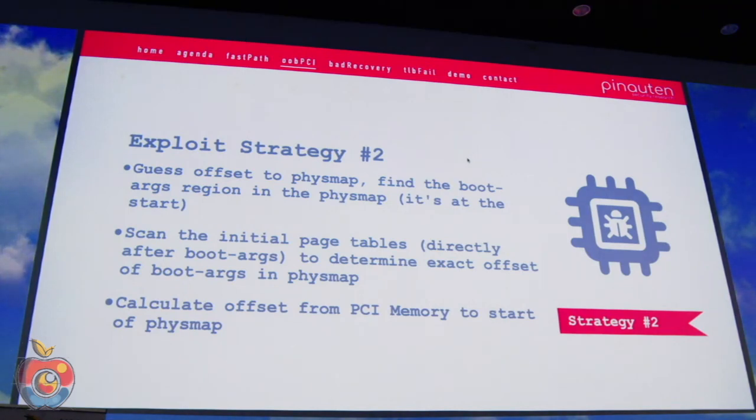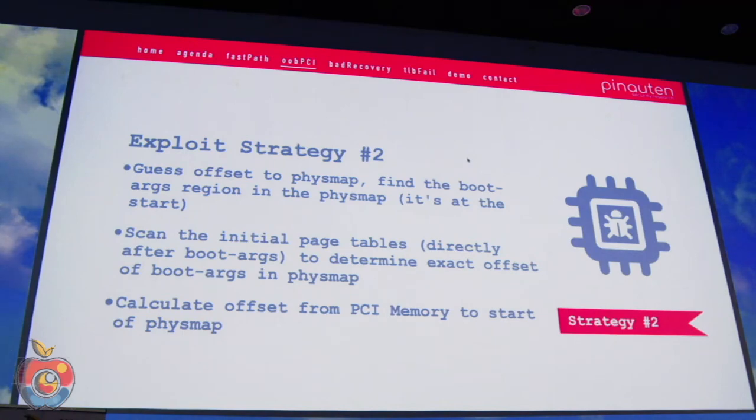So what we can do is guess the offset to the physmap from our PCI device memory, and then scan the memory backwards to find the boot args structure, which is always right at the start of the RAM. Once we found the boot args, we already know a lot about the kernel.